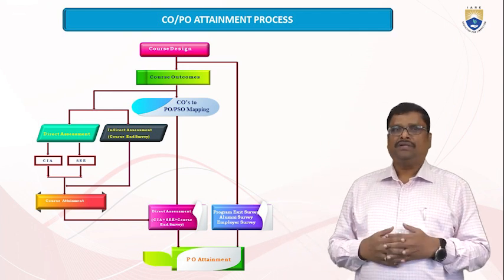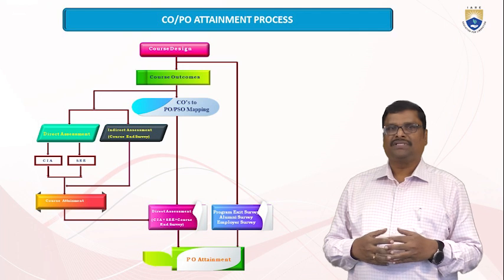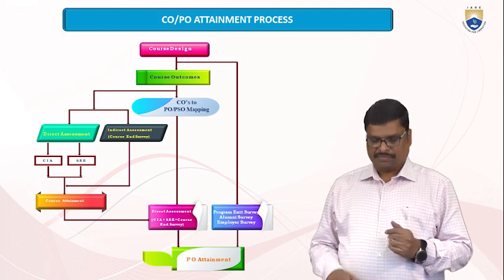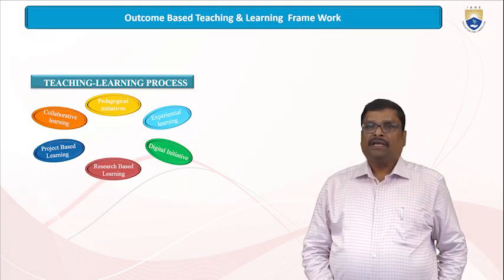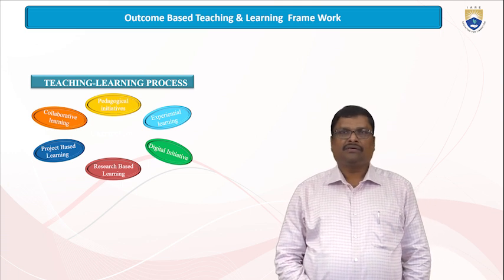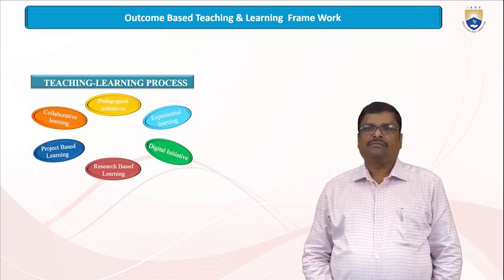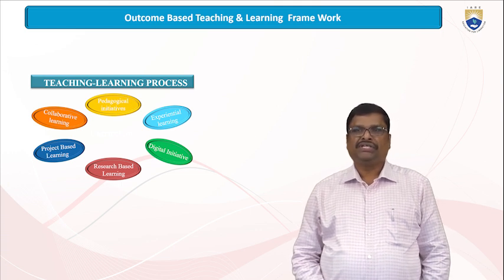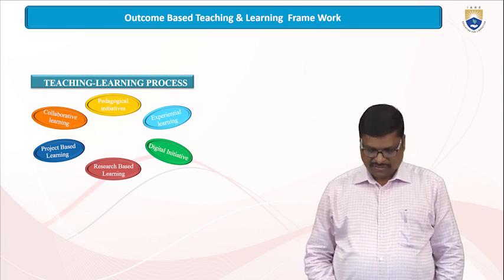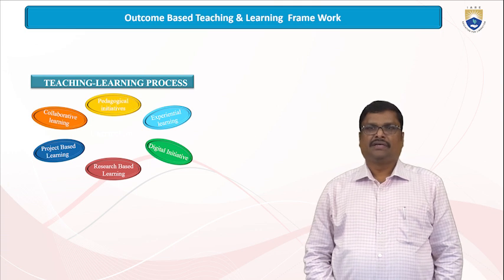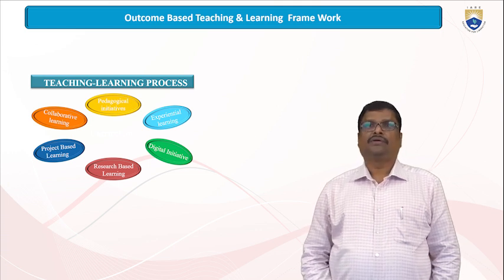This continuous improvement has to be measured in each and every program. At the end, the outcome-based education OBTL framework says it's not what we teach, it's what they learn. That is what exactly we want to do.